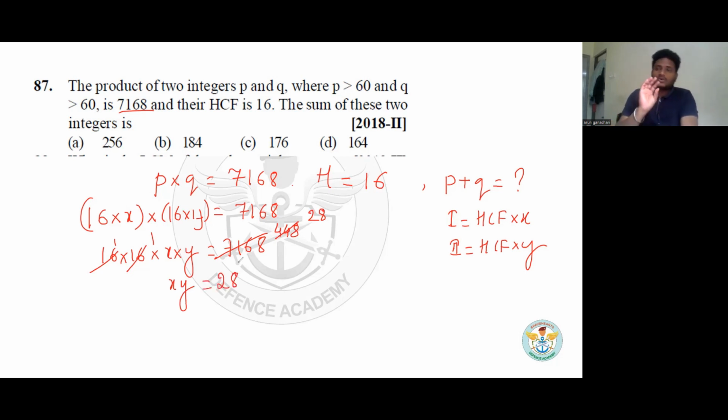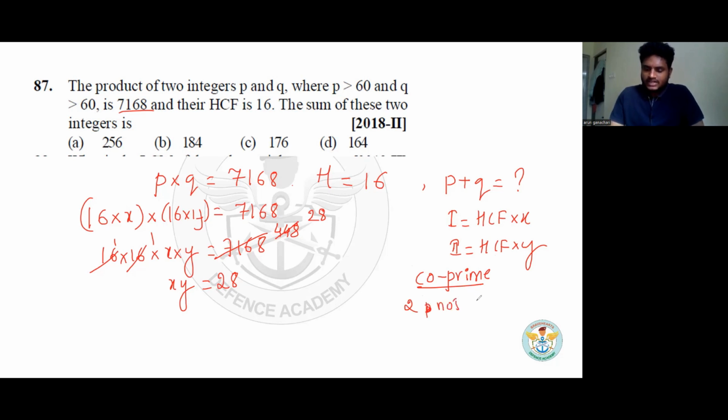Now look at this. This is one more concept, the concept of co-prime. Write the heading, small heading over there, co-prime. There are few concepts, I'll explain them when I'll be solving sums only because that will be better. What is a co-prime number?